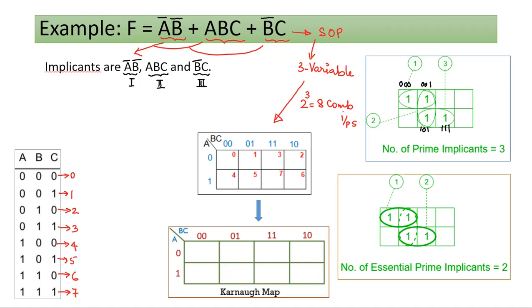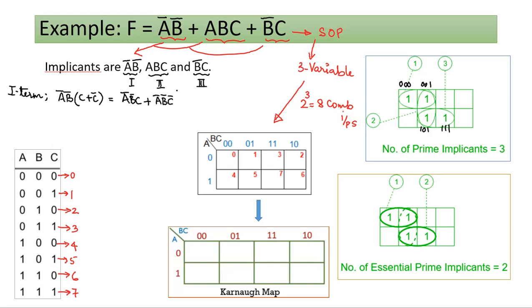So I have the first term, and in the first term we have A bar B bar, and I will AND C plus C bar, which will give me A bar B bar C plus A bar B bar C bar.